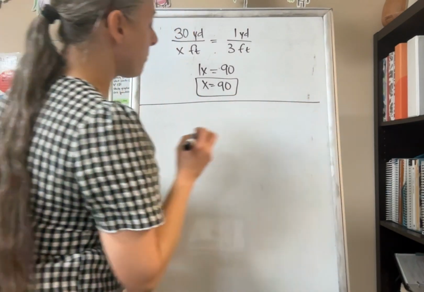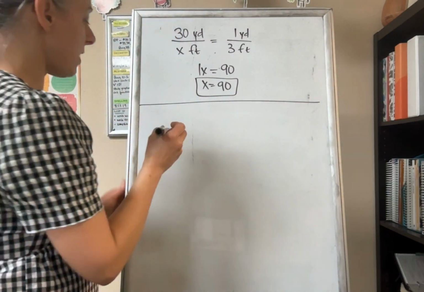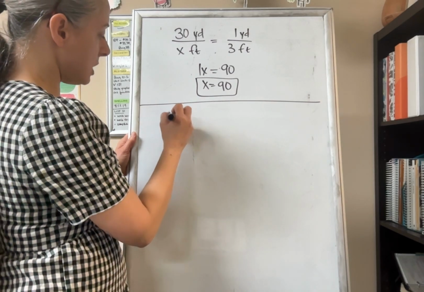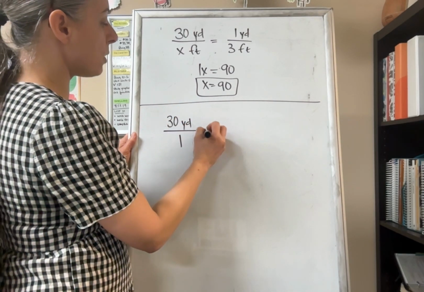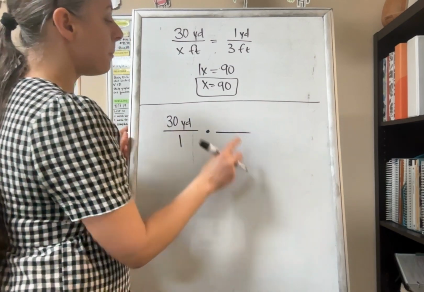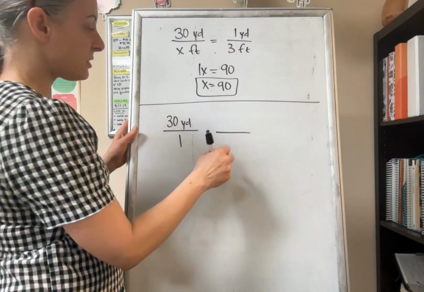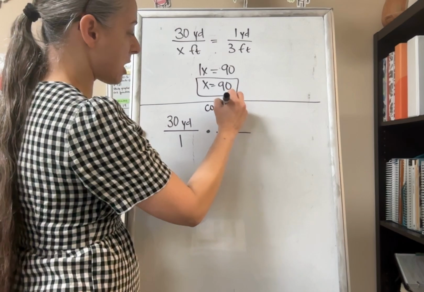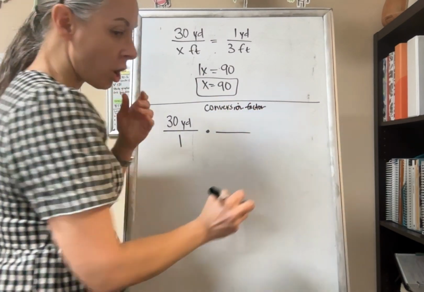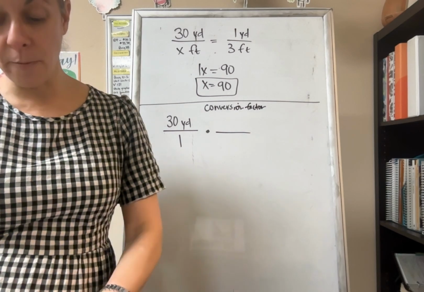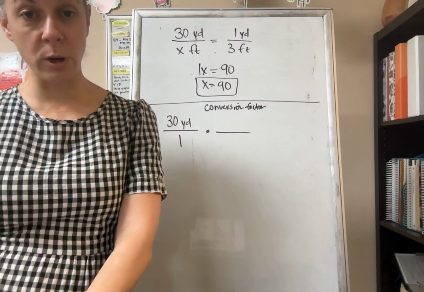Now let's do that same problem using conversion factors. So I've got 30 yards. I'm going to put it over 1, and this time I'm going to multiply it by another fraction. This fraction here is what I call my conversion factor. All of our conversion factors come from the box on page 343.